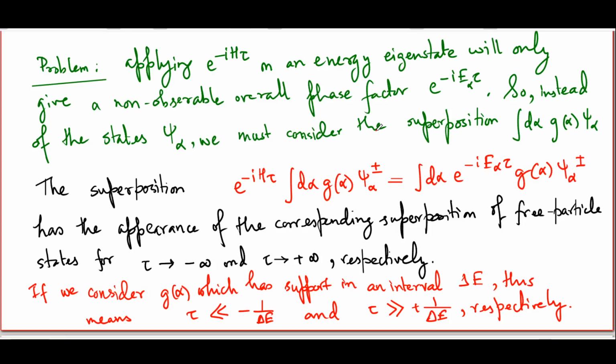I haven't mentioned it in this lecture, but I am sure all of you remember that all of this is being done in units where h cross is equal to 1. So, if you wanted standard units, you would have perhaps said tau much less than minus h cross by delta E and tau much bigger than h cross by delta E. So, this is the limit that we are really going to talk about.